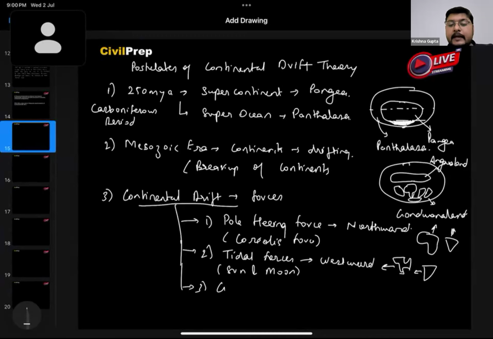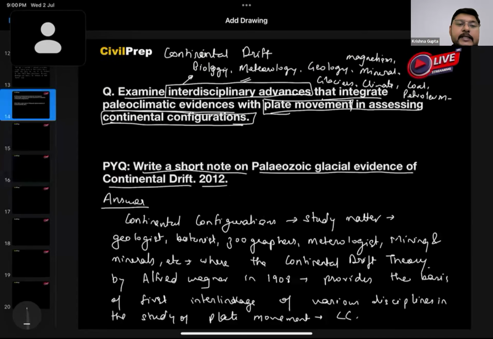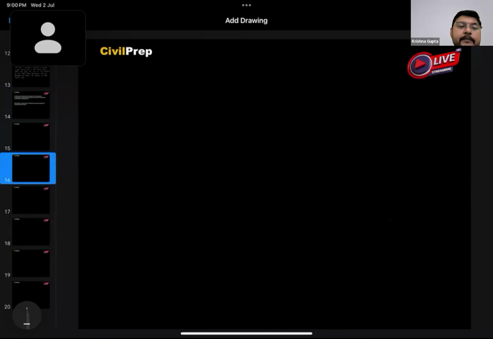Number three is gravitational forces, which can be assigned to the gravitational force of the sun and moon, which resulted in the movement of the continents. So this is the basic postulate of the theory, where Wegener provided how the complete movement takes place with respect to the various forces. Now, for this aspect, he provided certain evidences. We'll be writing here, as the question is demanding, paleoclimatic evidences.